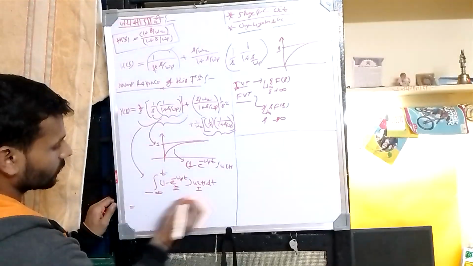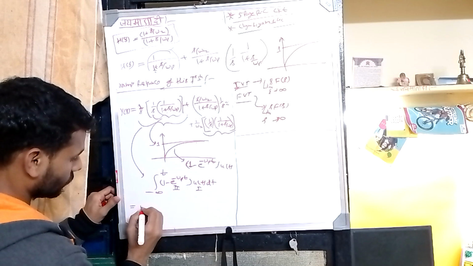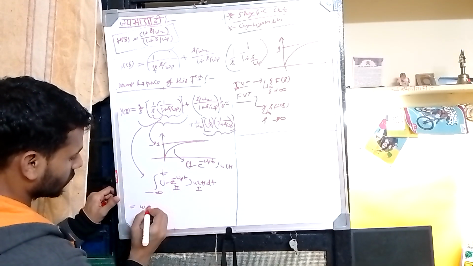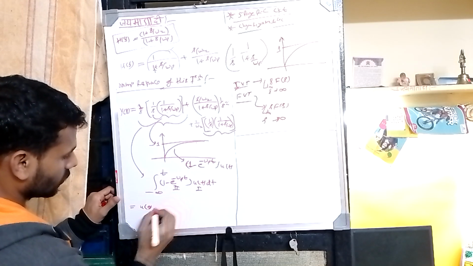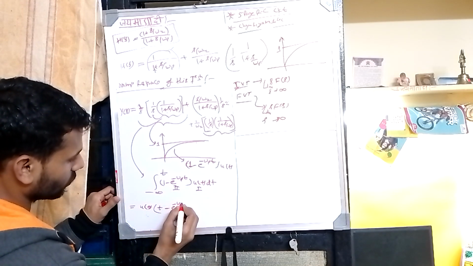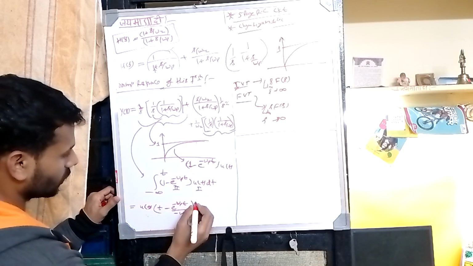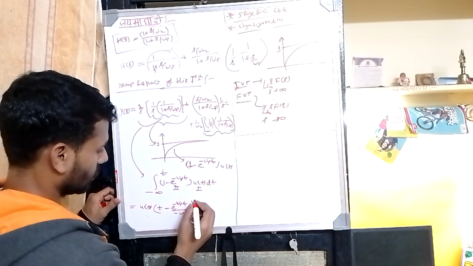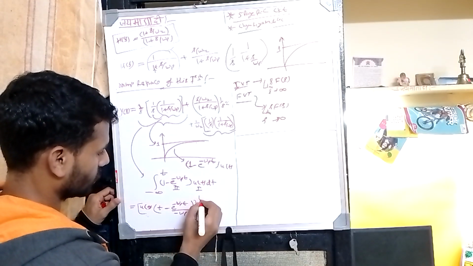The second integration gives t minus e to the power minus omega p t upon omega p, with limit minus infinity to t.